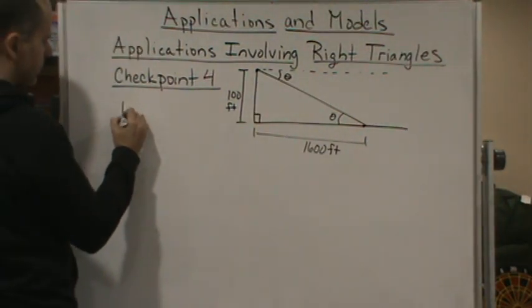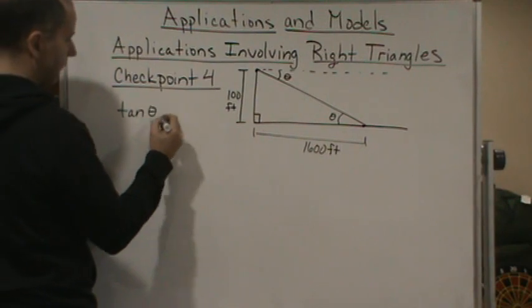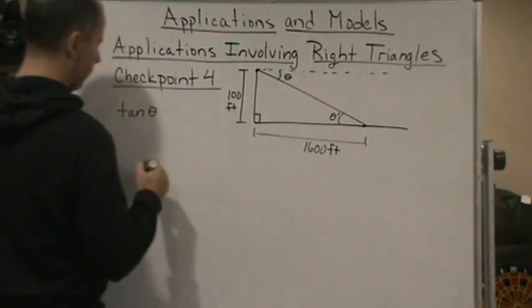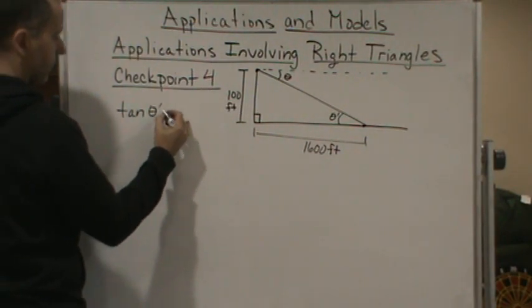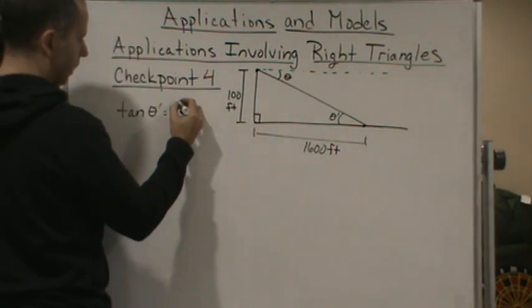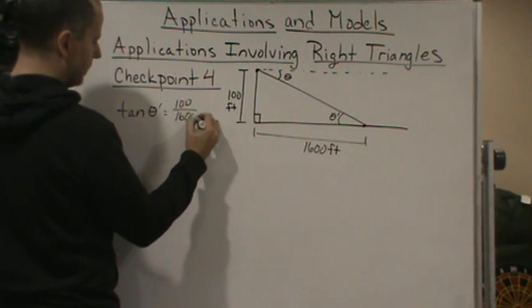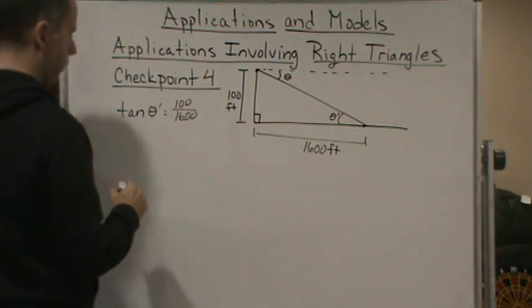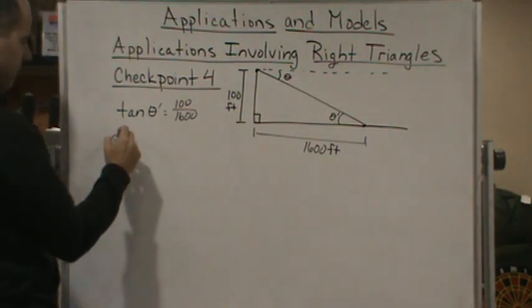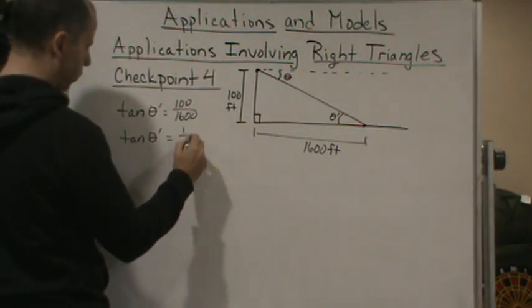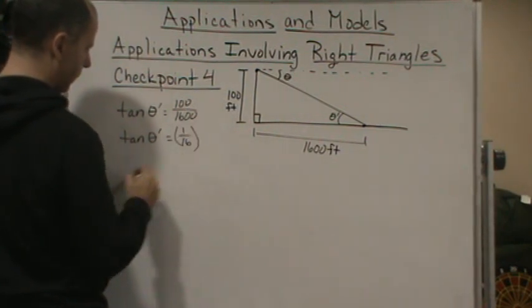Tangent of theta, let's call it theta prime, equals opposite over adjacent, so that's 100 over 1,600 feet, right? So 1/16. So the tangent of theta prime equals 1/16.